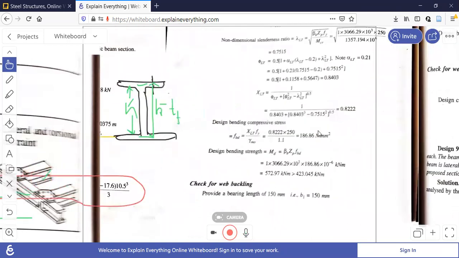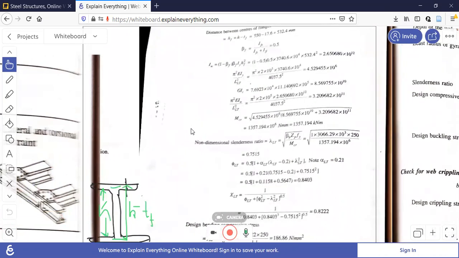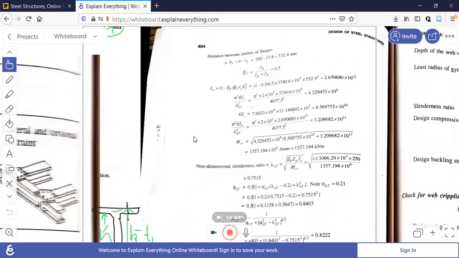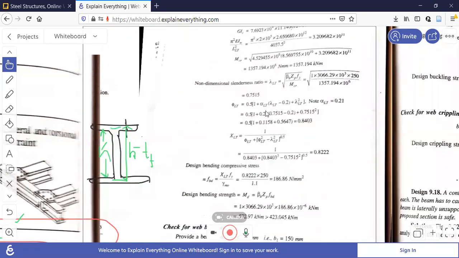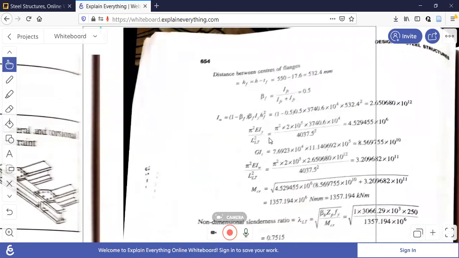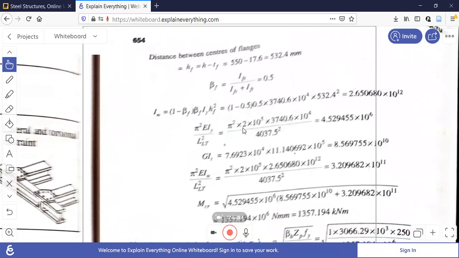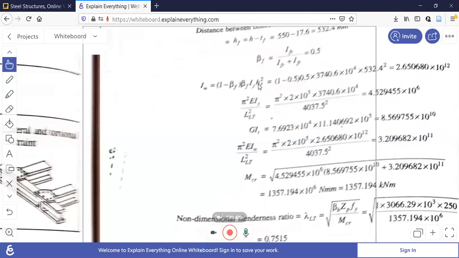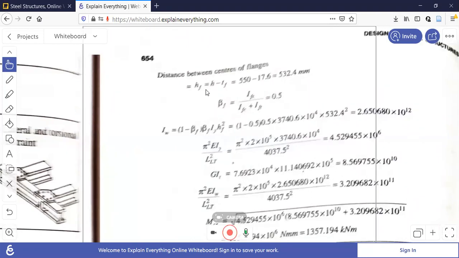Now coming back, this is calculated now. One more calculation is there. This one I will explain. The rest we have already done, so I will not spend more time on it. I'm going to spend more time here again. IW is what and all that, and beta F. That is why I shared that page in the morning. But anyway, I'll just go back there. Distance between center of flanges is H minus TF. This is taken, we can see.